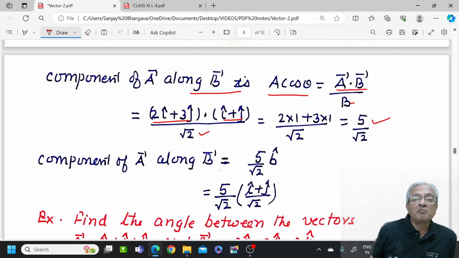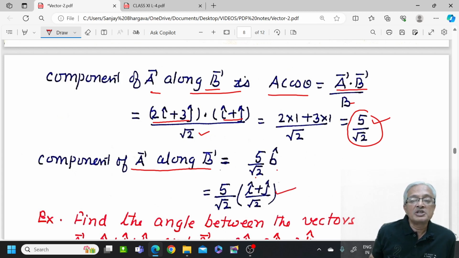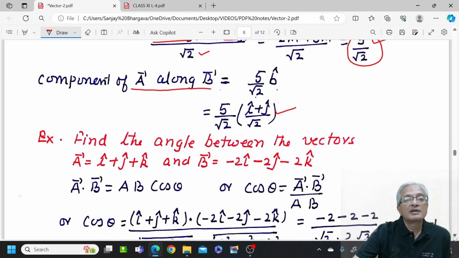Now this gives me the magnitude of the component of A vector along B vector. So I need the direction of B vector, which is i cap plus j cap upon root 2. So the component of A vector along B vector would be 5 upon root 2 B cap. And what is the value of B cap? i cap plus j cap upon root 2. Now another example here.